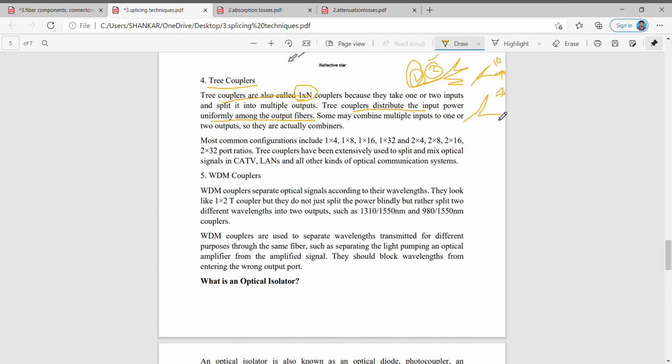That means it distributes the power uniformly among all the output ports. This is the tree coupler. There are different types of tree couplers, which we can design as 1x4, 1x8, and 2x4, 2x8. These are examples of the tree coupler.